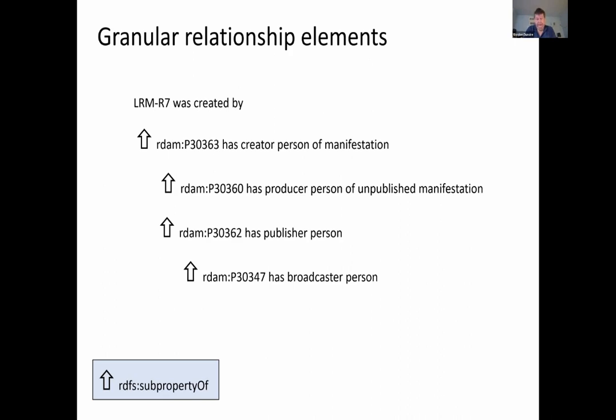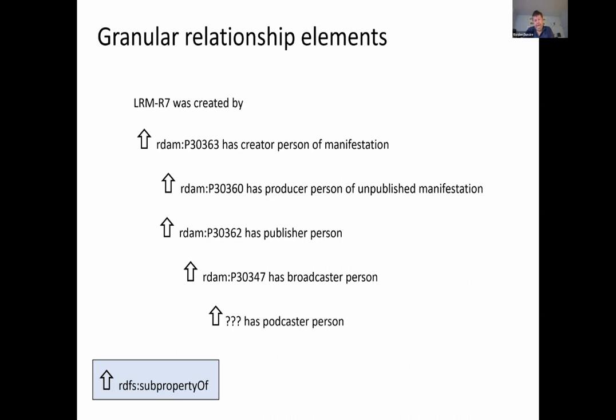When RDA implemented the LRM, it decided it would not throw out any relationships or other elements that were deemed useful. And so broadcaster person was retained and is clearly a refinement of publisher person. But this process can be extended indefinitely.